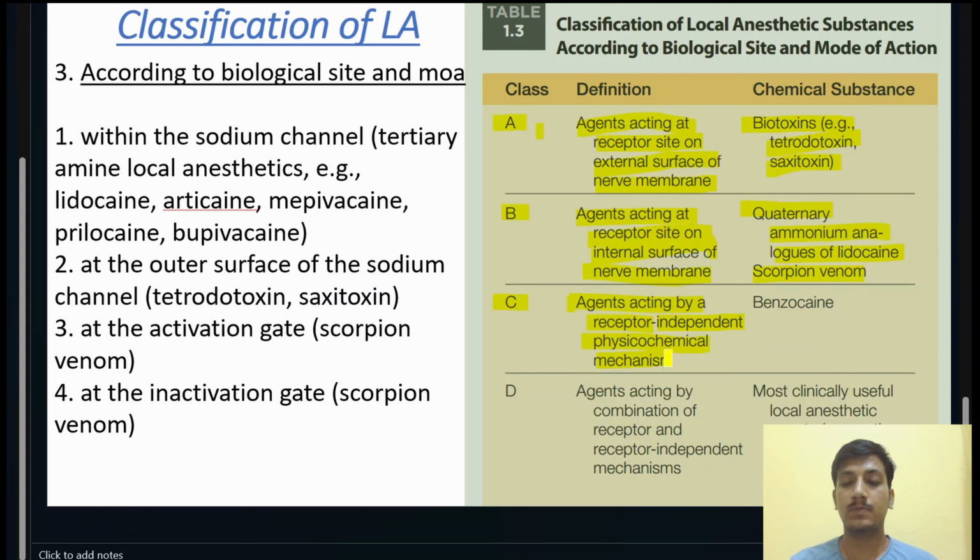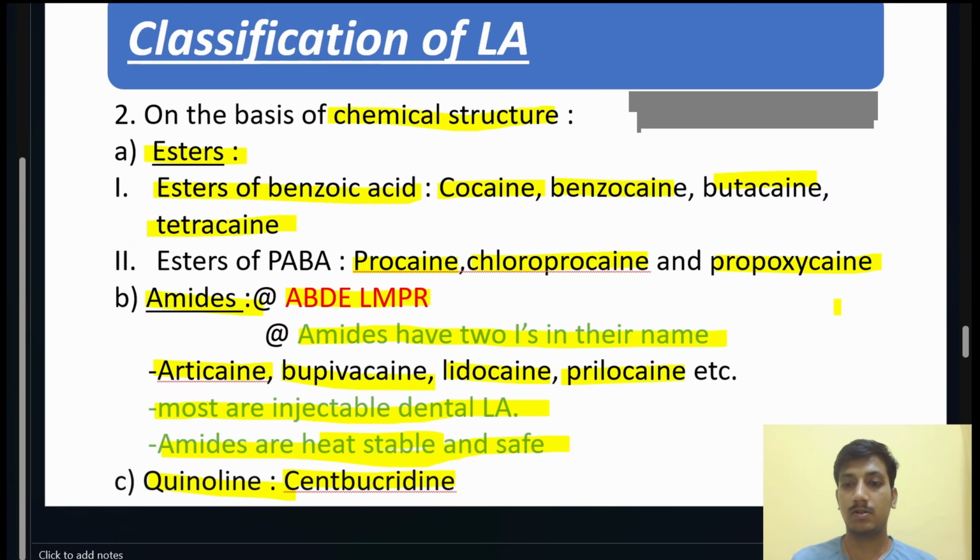In the membrane expansion theory, the LAs bind to the hydrophobic regions of the surface of the nerve membrane and expand it so that the sodium channel gets occluded. The best example of this class of LA is benzocaine, as we discussed earlier.